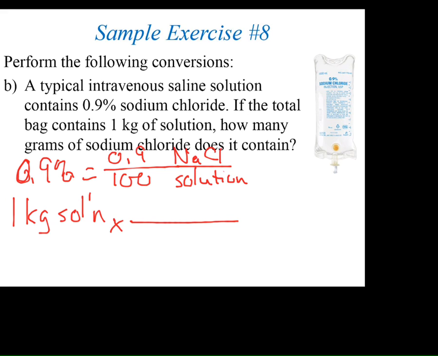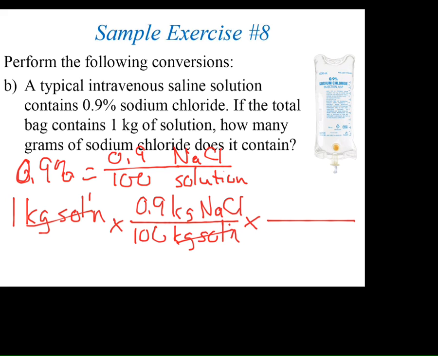So one way to do it is use the percentage right now and say, for every 100 kilograms of solution, there's 0.9 kilograms of sodium chloride. Kilogram solution cancels. Now I'm in kilogram sodium chloride, but I want to be in grams sodium chloride. So kilograms goes on the bottom, but I want grams.